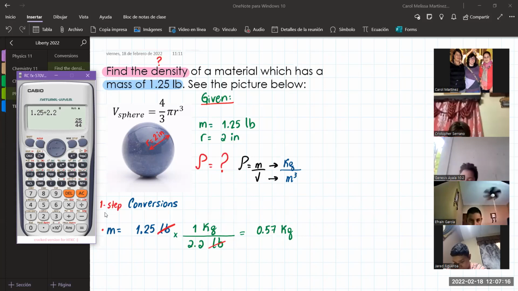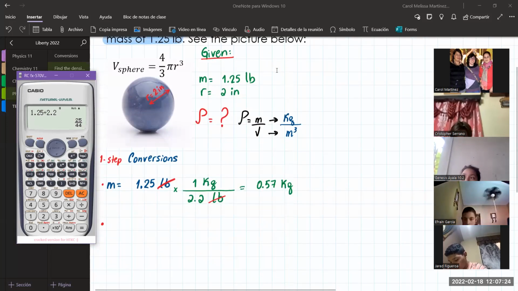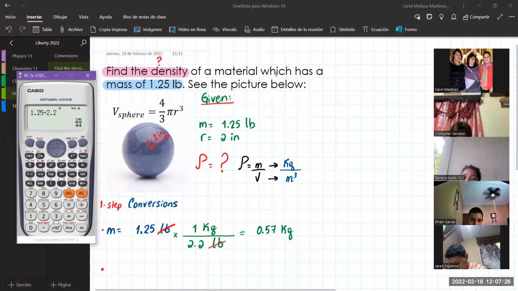Now the other conversion is going to be the radius. The radius of the sphere is given to us in inches. You can leave it in inches, but in the end, you need to express the density in kilograms per cubic meter, so you better do the conversion from this moment. The radius is 2 inches.